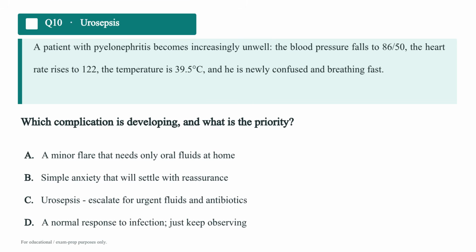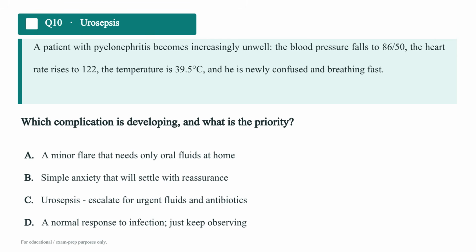Question 10. A patient with pyelonephritis becomes increasingly unwell. The blood pressure falls to 86/50. The heart rate rises to 122. The temperature is 39.5, and he is newly confused and breathing fast. Which complication is developing and what is the priority?